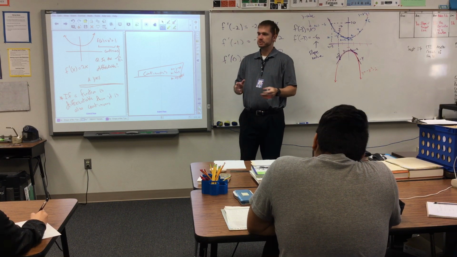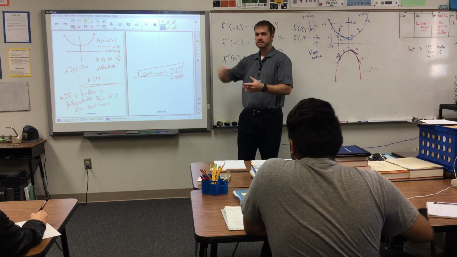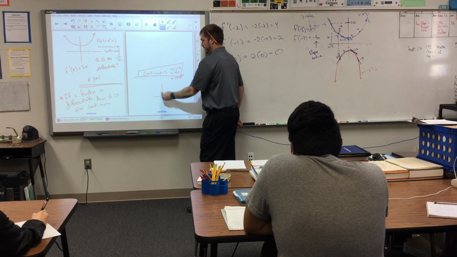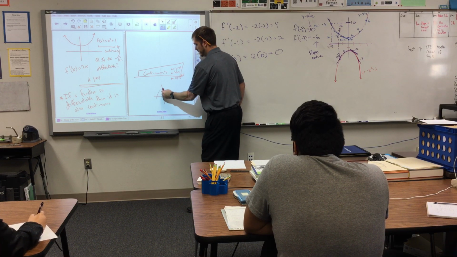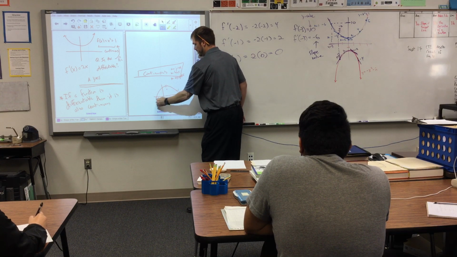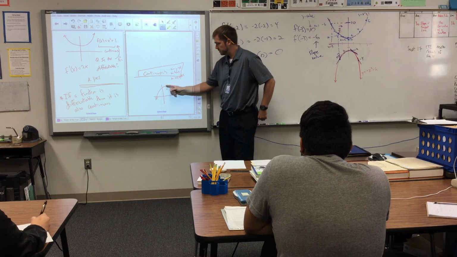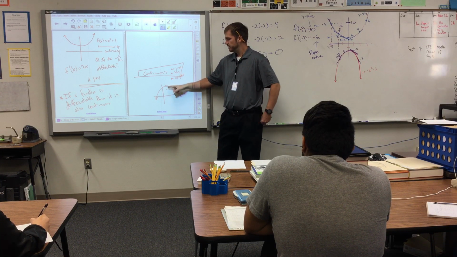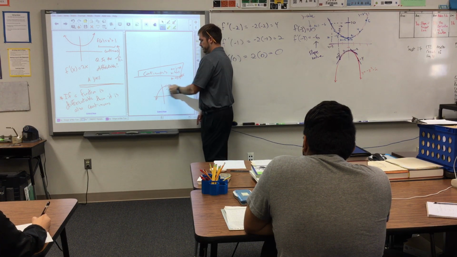Imagine a function that did have those things. Imagine a function that had a jump, or maybe a gap. And I said, what's the slope of the tangent line at that point right there? You might say, that's no big deal, it's right here.